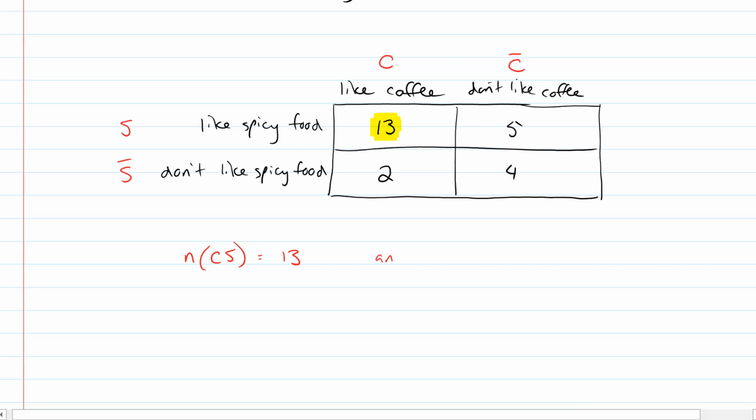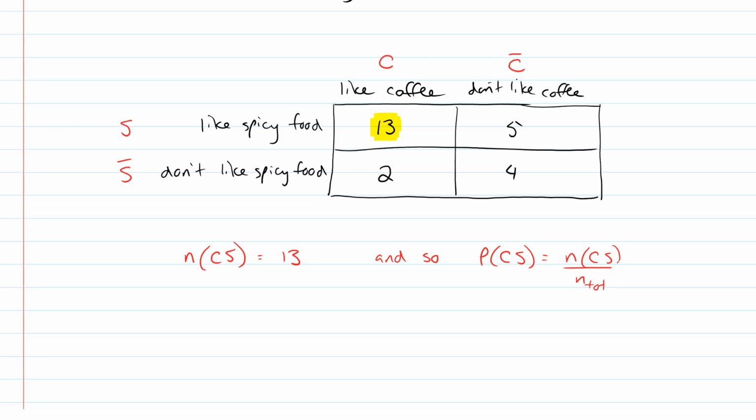And so you could find things like the probability of liking coffee and spicy food. It's going to be the number who like coffee and spicy food divided by the total. Now, in order to find the total, you'll want to add up all of the students. You can see that we have a total of 13 plus 5 plus 2 plus 4.